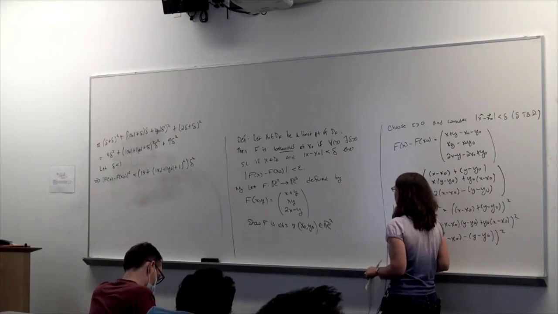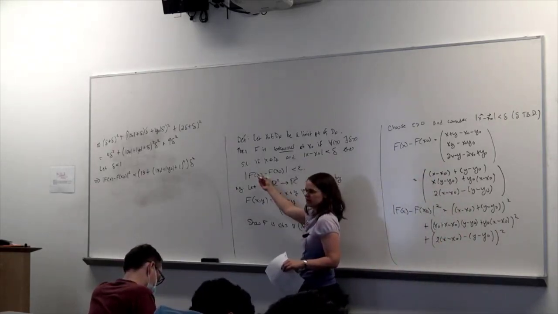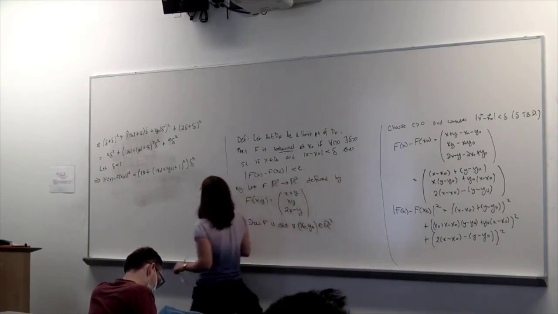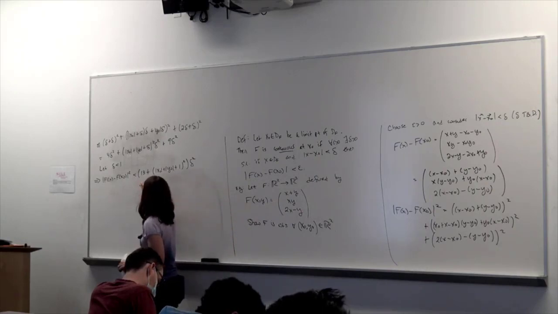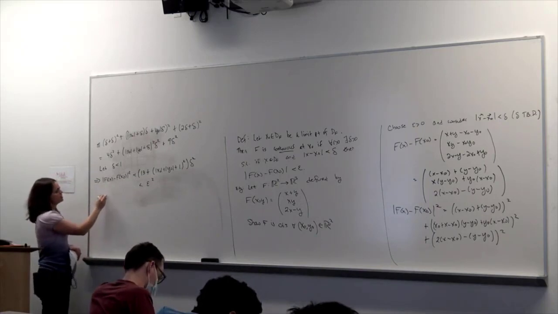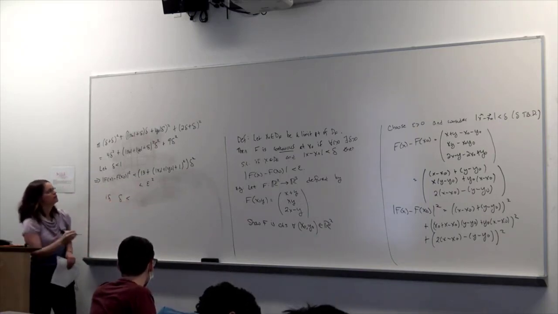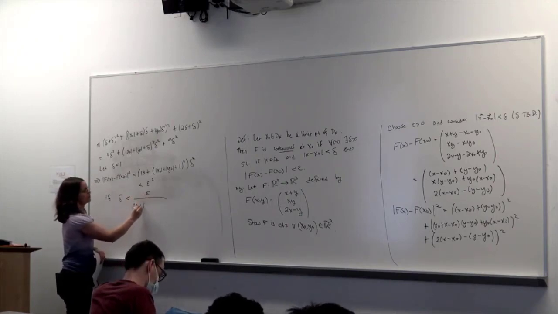And then what's our goal? Our goal is to make the length of f of x minus f of x naught less than epsilon. So when we've simplified as much as we could, I say, well, I want this squared to be less than epsilon squared. And then I say, well, indeed, I can do that as long as delta is less than epsilon over the square root of all this stuff.